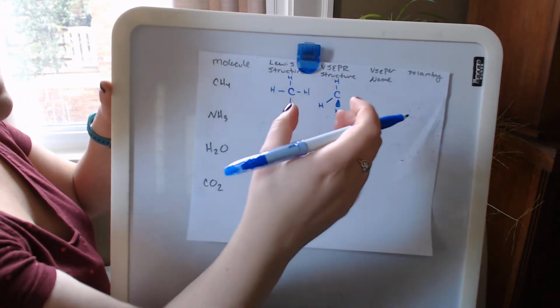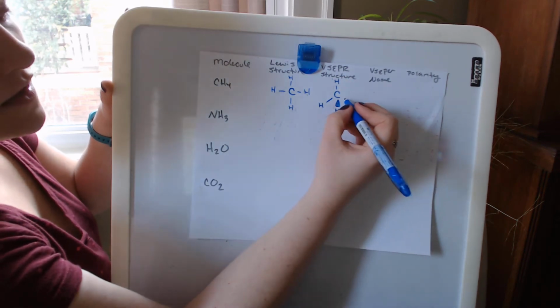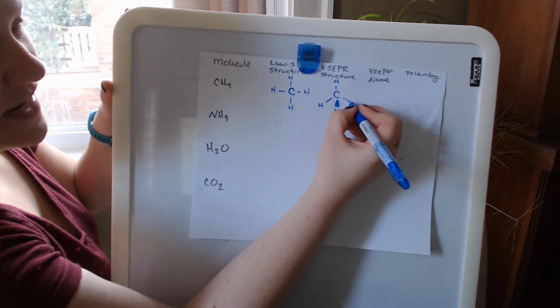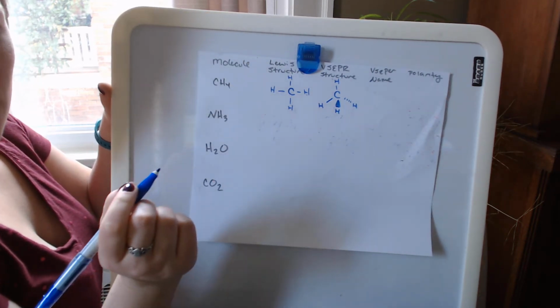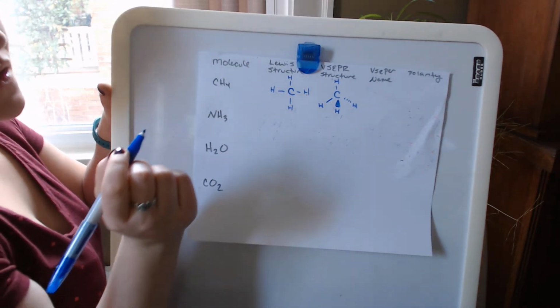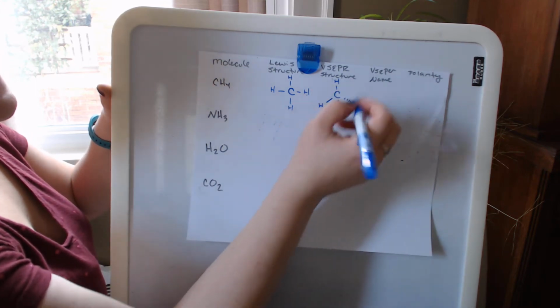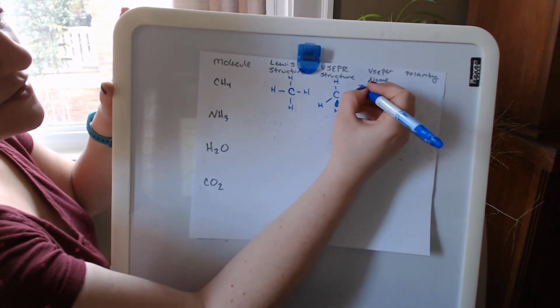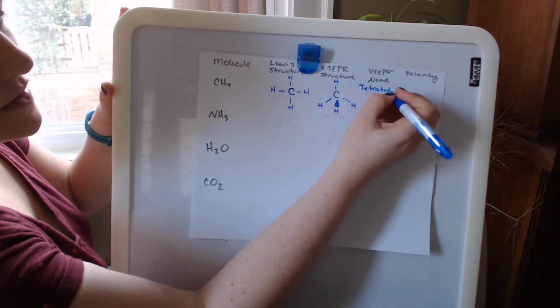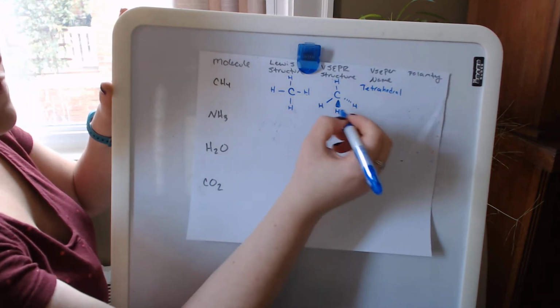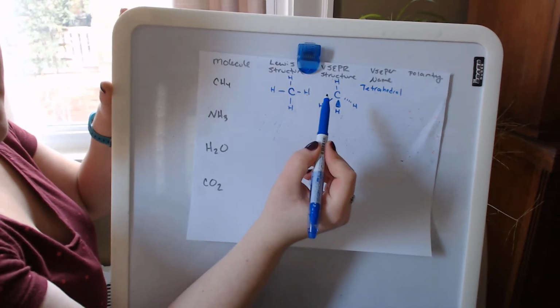And to show that it's going behind the carbon here, we're going to use a dotted line, which tells us it's going backwards. So it's kind of a 3D shape here. The name for this type of VSEPR molecule is tetrahedral, because we have 4 things around a center molecule.